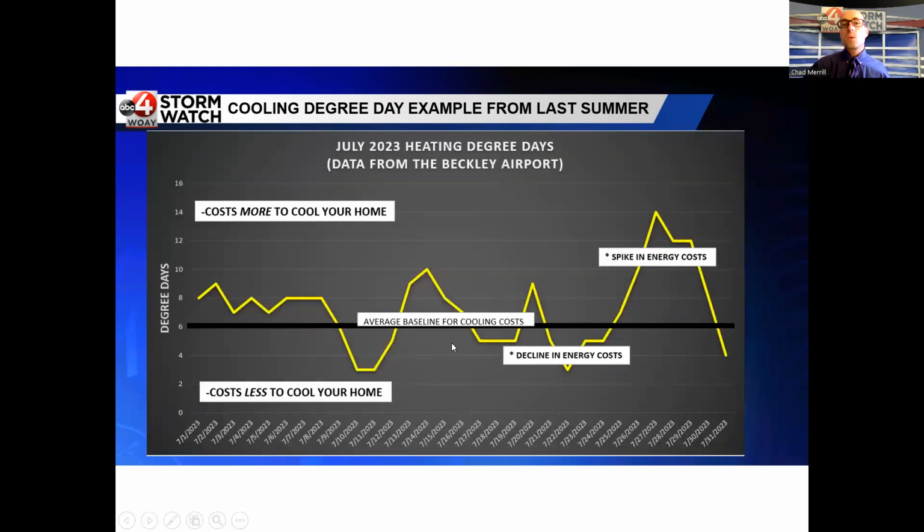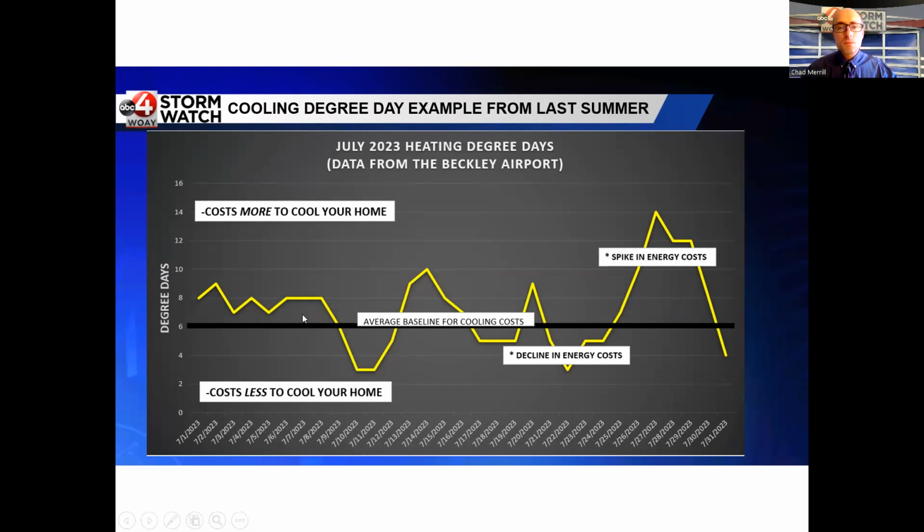Now, an example of a cooling degree day from an entire month is July 2023. All this data is from the Beckley Airport. Above the threshold, which is 6 cooling degree days, it would cost more to cool your home. And below this, it would cost less to cool your home. So you can see in the first 9 days of the month, temperatures were pretty close to average.